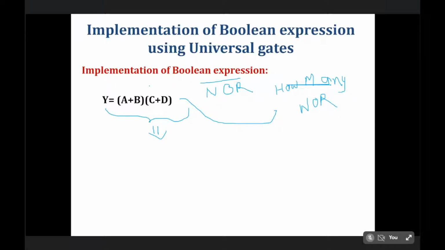We have to convert into the form of NOR or NAND. So try to solve this according to the Boolean theorems, with the use of De Morgan's theorem and the complement of the complement being the variable itself. You have 1 minute, and tell me how many NOR gates are required here.